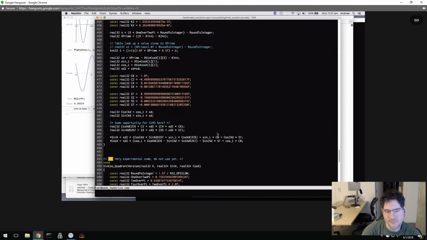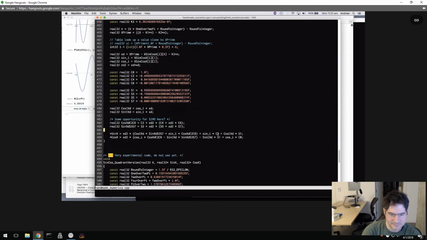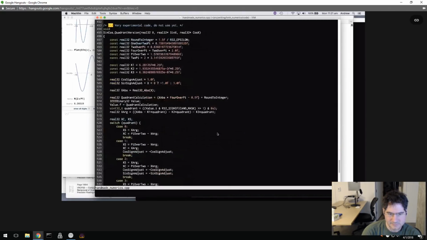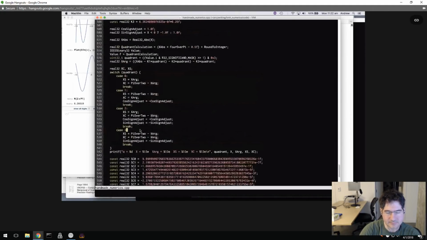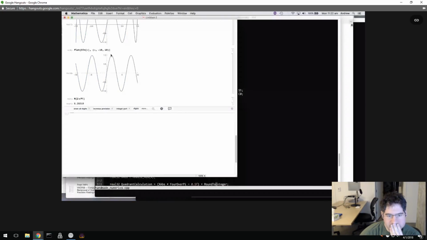Okay. So this is where this version comes in. As I said, this is experimental code, where what I'm doing here is range reducing differently.